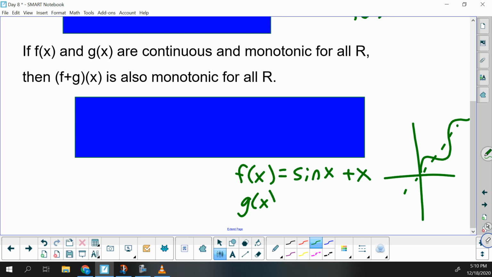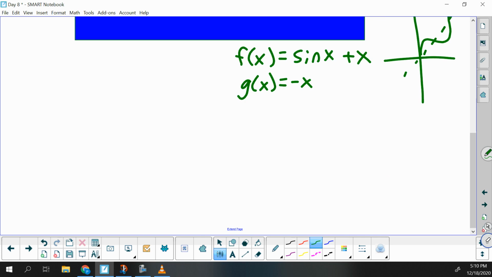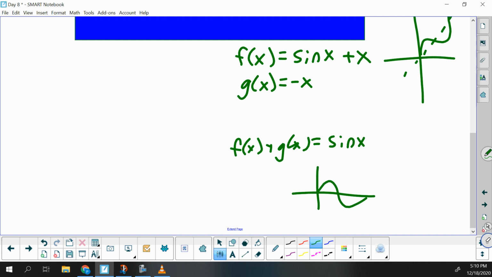Think of g of x as negative x. Well, that's just a linear with a negative slope. That's definitely always decreasing. Well, when you add those together, that's going to give you sine x, which sine x both increases and decreases, so that is not monotonic. So that's a counterexample of how this one could be false.